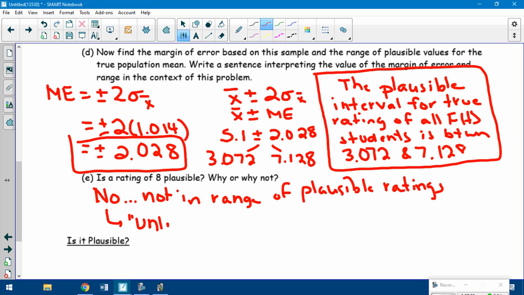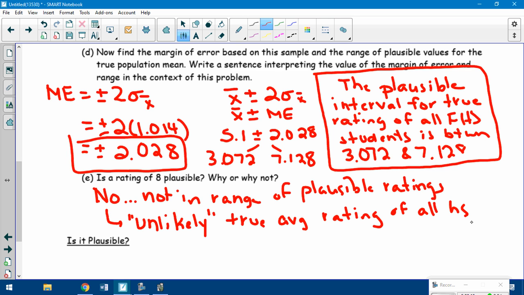And what that means is it's unlikely that the true average rating of all the high school students here is 8. Now again, statistics is annoying. It's not saying it's not 8, it's saying it's unlikely it's 8. It's not in that 95% range, so it probably isn't.